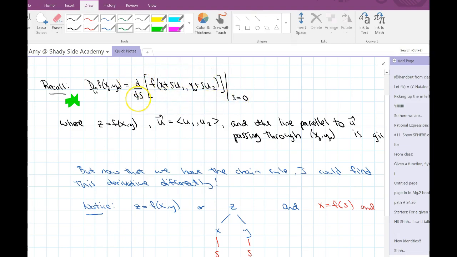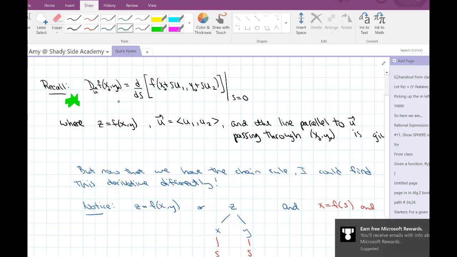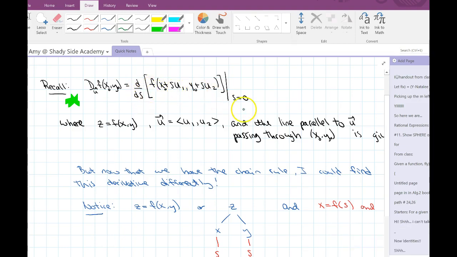It's the derivative with respect to s. I may have used d by dt, but regardless, same thing. The idea is the same. That's the most important part.